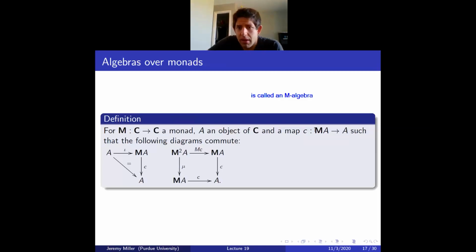So an algebra is an object such that you have a map from MA to A, and you have a unit, making these diagrams commute. Basically, if you think that M is like a group, then this is like a group action.